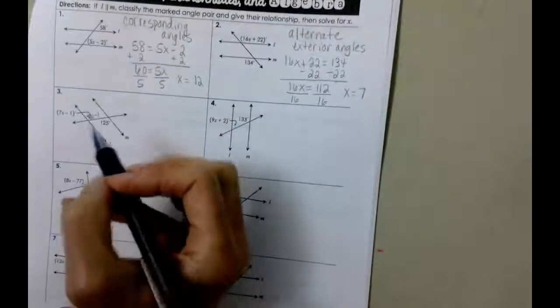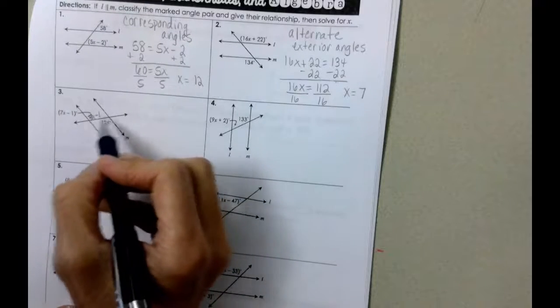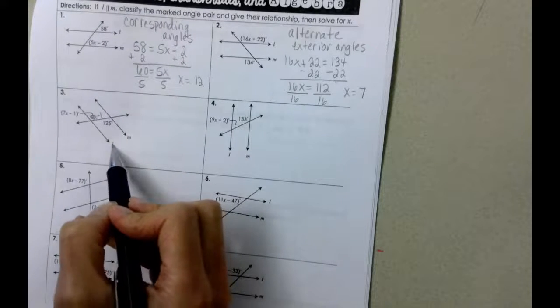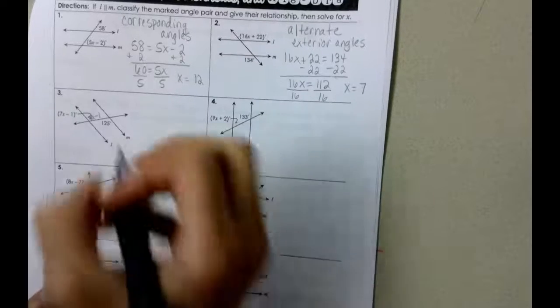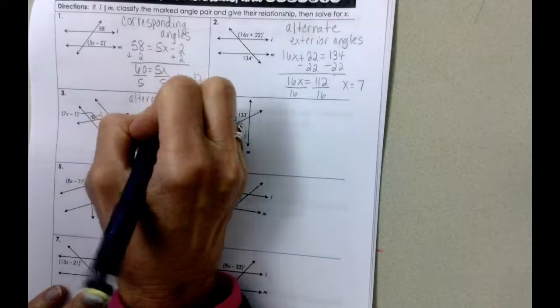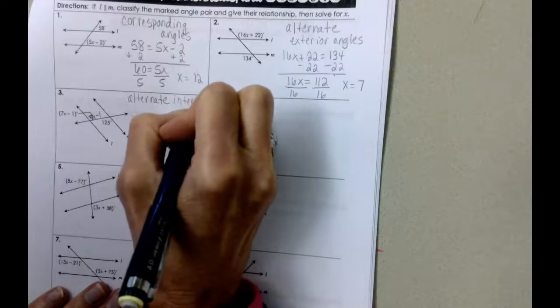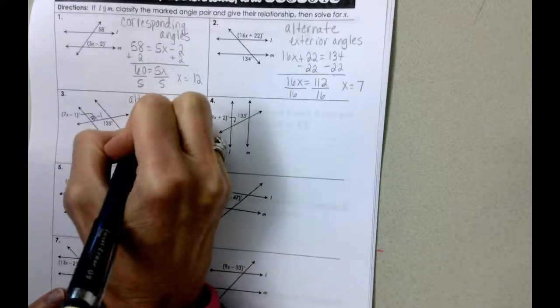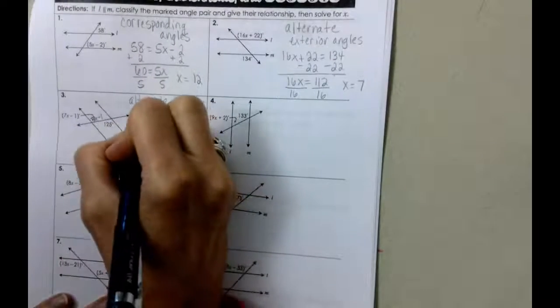What I notice here is that 7x minus 1 is in between our two parallel lines, line L and line M. And 125 is also between them, but they're on alternate sides. But they're in between, so these are alternate interior angles. What we know about alternate interior angles is that they are equal.